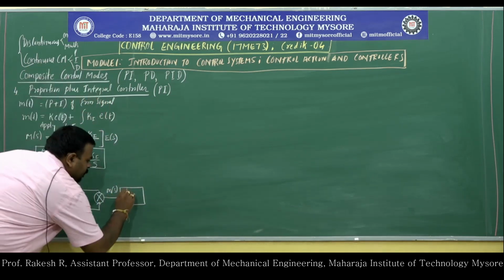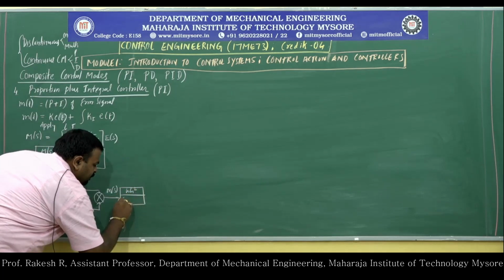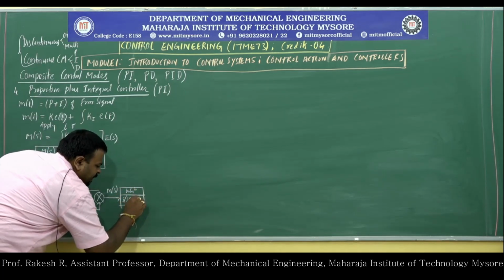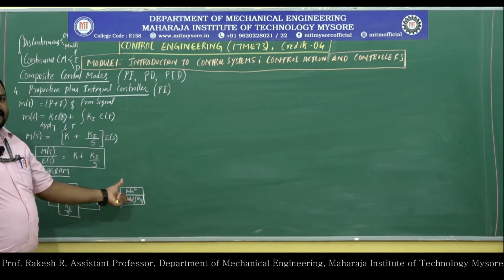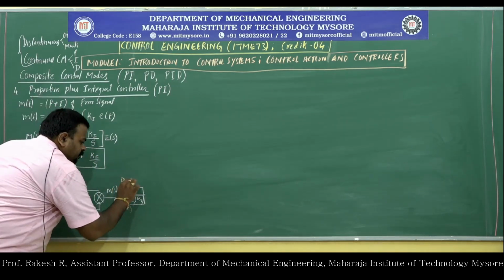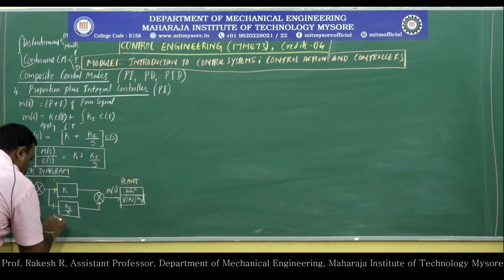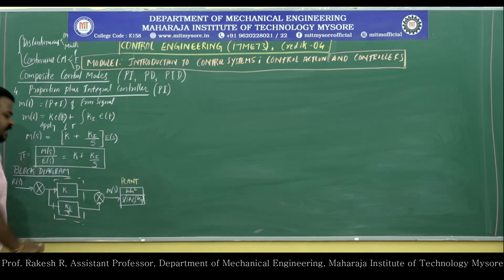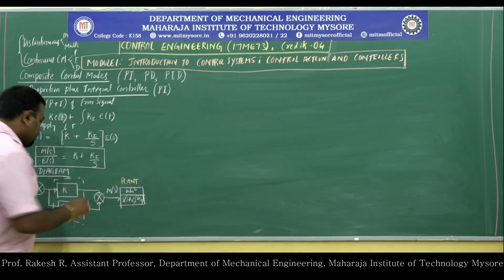So that's why omega n square divided by S into S plus 2 zeta omega n, a second order system, has been taken into consideration. This is the plant and this is the controller. So here controller means proportional plus integral.